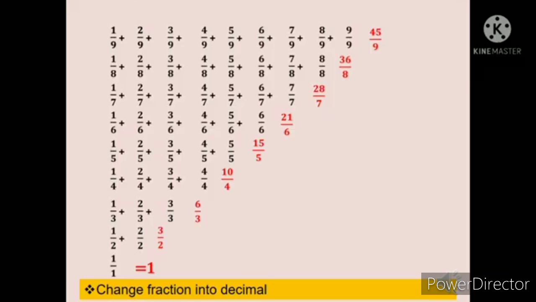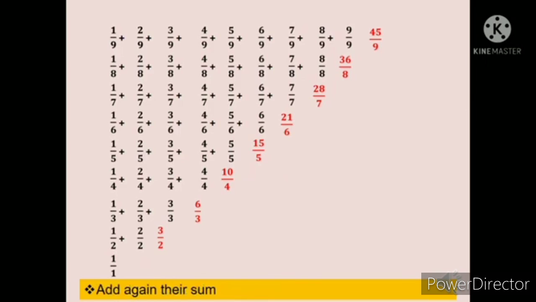So, 1 divided by 1 is equal to 1. 3 divided by 2 is equal to 1.5. 6 divided by 3 is equal to 2. 10 divided by 4 is equal to 2.5. 15 divided by 5 is equal to 3. 21 divided by 6 is equal to 3.5. 28 divided by 7 is equal to 4. 36 divided by 8 is equal to 4.5. And 45 divided by 9 is equal to 5.